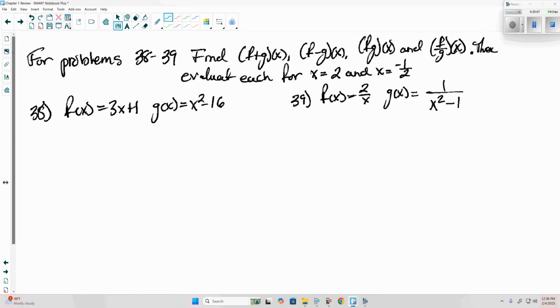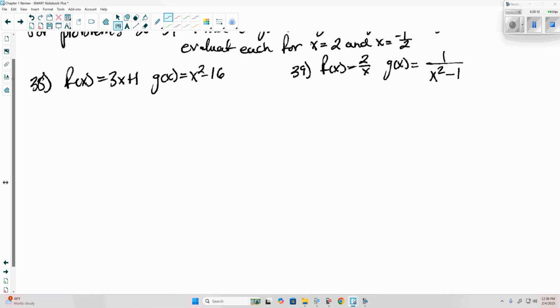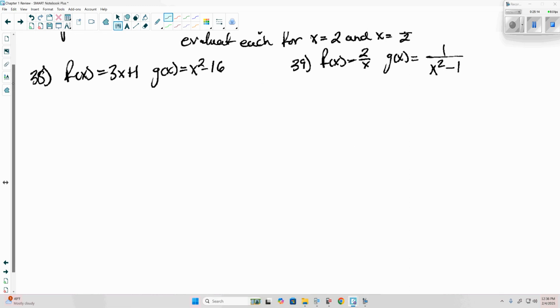f plus g of x, f minus g of x, f times g of x, f divided by g of x. We'll look at 38. We're going to start off with f plus g of x. So f plus g of x is the same as f of x plus g of x.